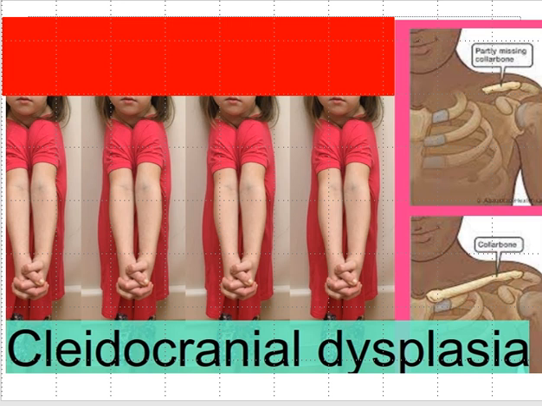It is characterized by delayed closure of the cranial sutures, hypoplastic or aplastic clavicle and multiple dental abnormalities. What is the most common site of fracture of the clavicle? The junction between the medial 2/3 and lateral 1/3 is the common place where fracture occurs.